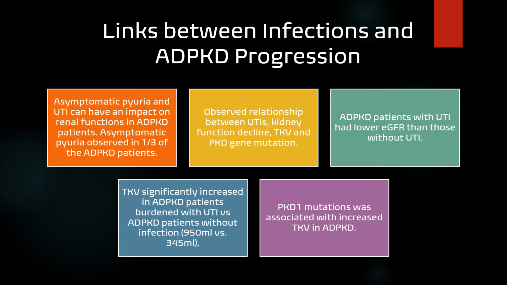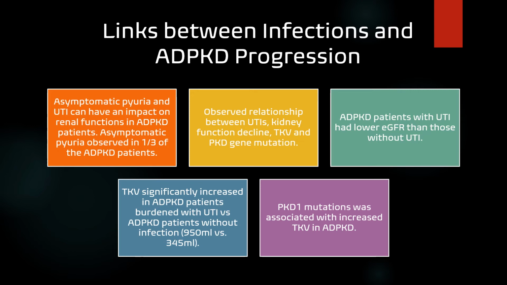So the links between infections and ADPKD progression, additionally, is where there can be asymptomatic pyuria and urinary tract infection that can have an impact on renal function in ADPKD recipients. Asymptomatic pyuria has been observed in 1 in 3 of ADPKD recipients.